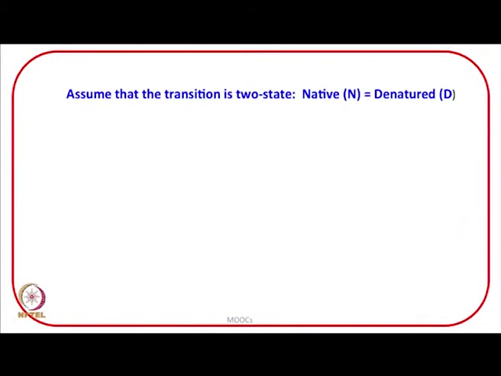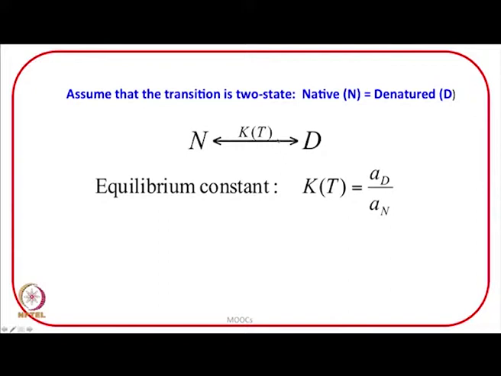Now, let us discuss a two-state native to denatured unfolding transition. The reaction that we are talking about is N in equilibrium with D. That means you are heating N and it is going towards D, and the associated equilibrium constant is Kt, which is expressed in terms of the activity of the denatured form divided by the activity of the native form.